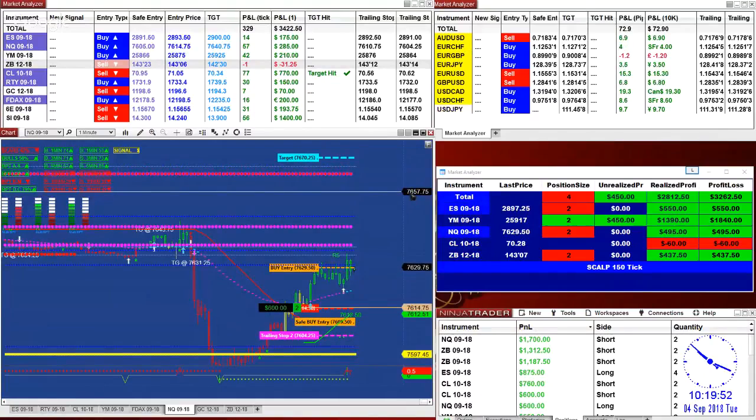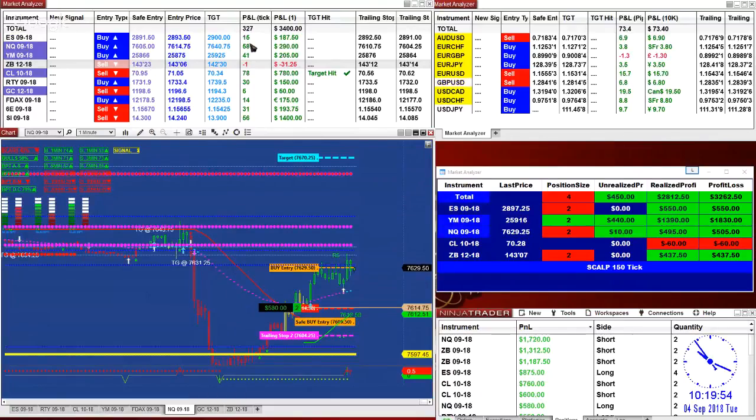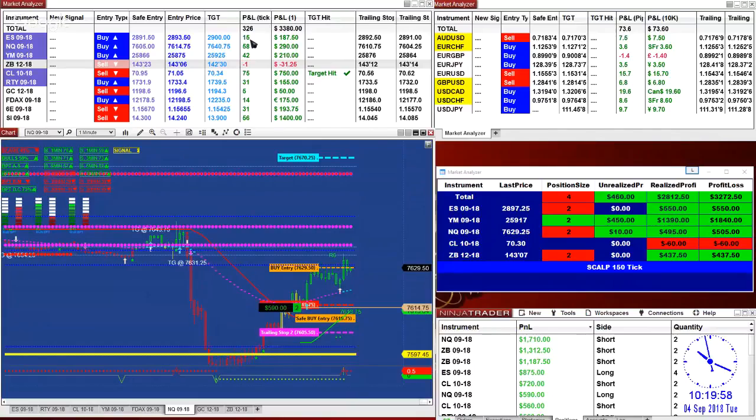Another thing is, if we hatch the market today, those are the new signals that just came out in the last 10, 20 minutes. If we look at the ES on the new entry, we have 16 ticks. On the NASDAQ, again guys, keep your eye on the NASDAQ.